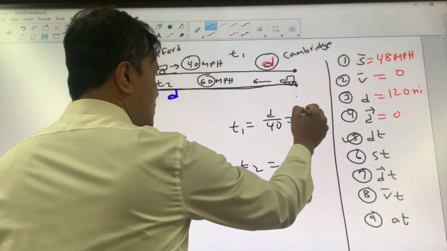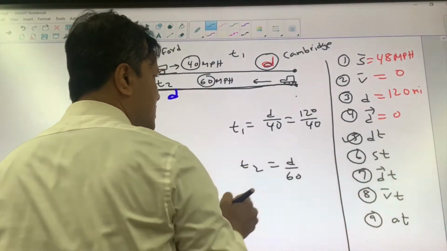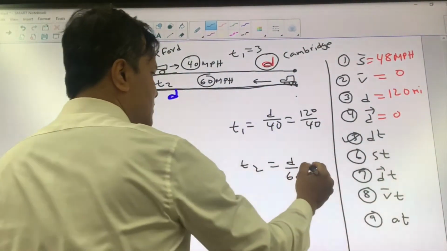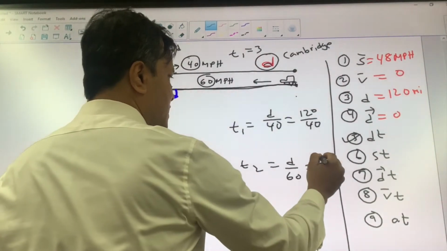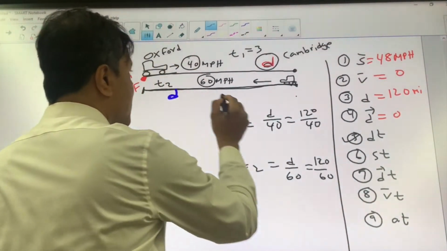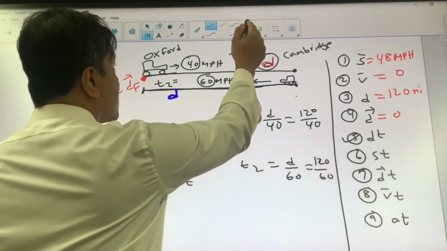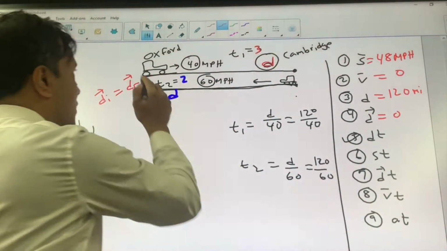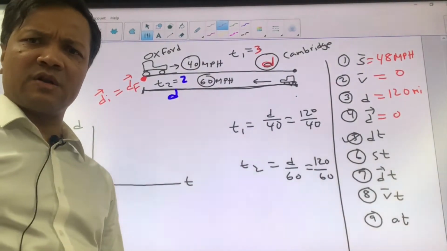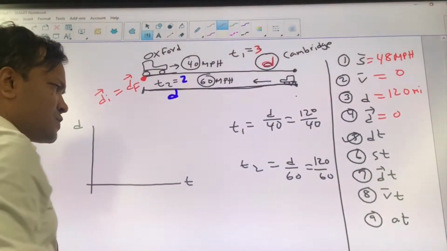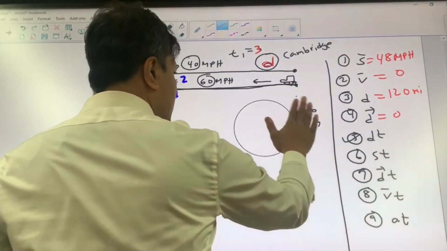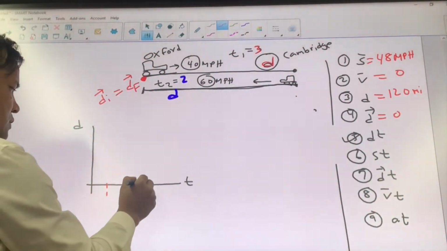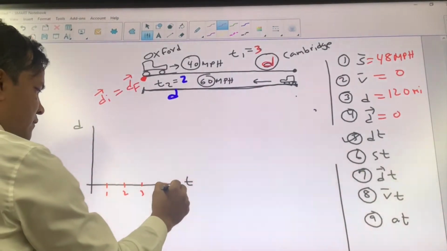With d equal to 120, time 1 is 120 over 40, which is 3 hours, and time 2 is 120 over 60, which is 2 hours. It took 3 hours from Oxford to Cambridge, which makes sense, and only 2 hours from Cambridge to Oxford, which also makes sense. So the total trip is 5 hours.